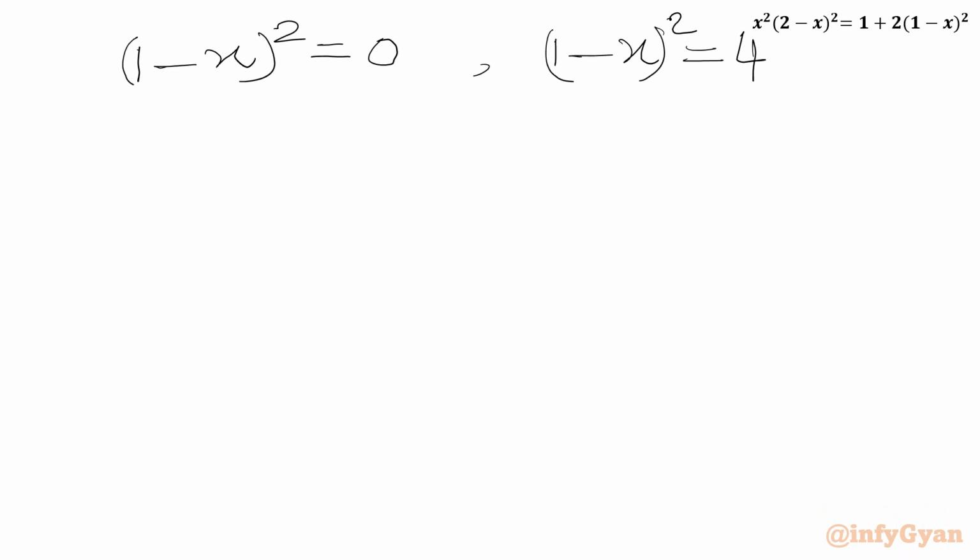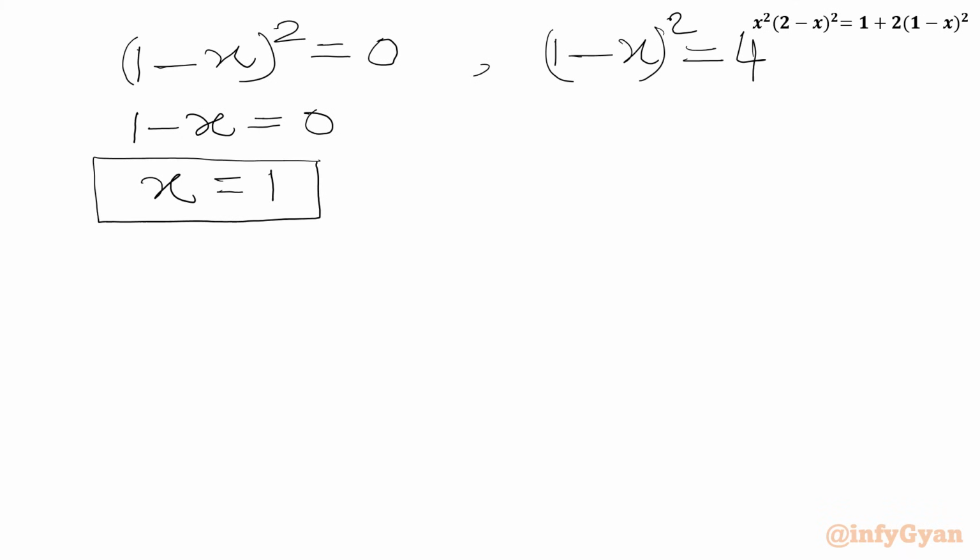I will take square root both sides. We will get 1 minus x equal to 0. So from here we will write x equal to 1. This is our first solution, I would say, with multiplicity 2, as we have power 2.